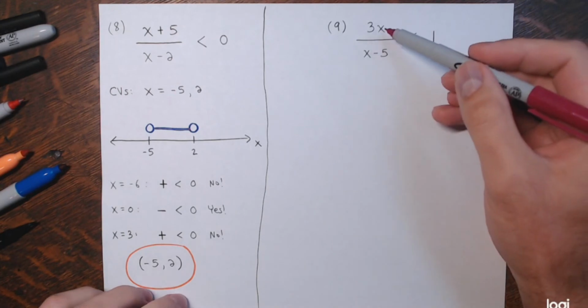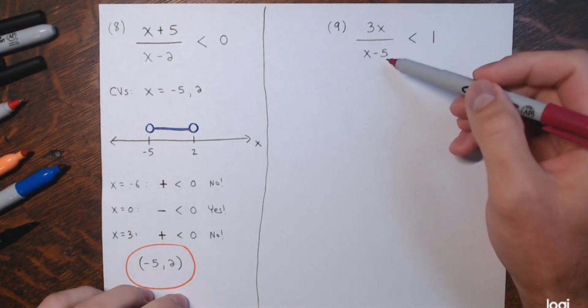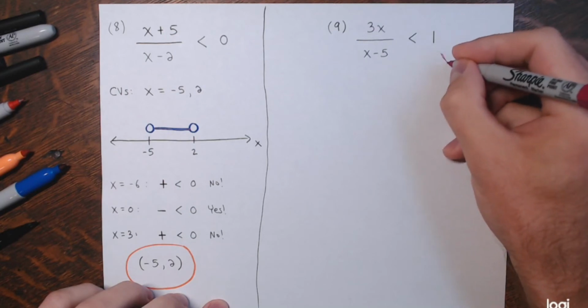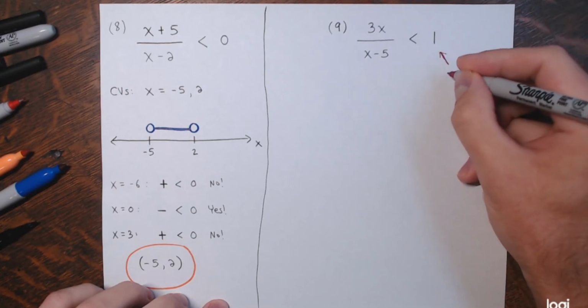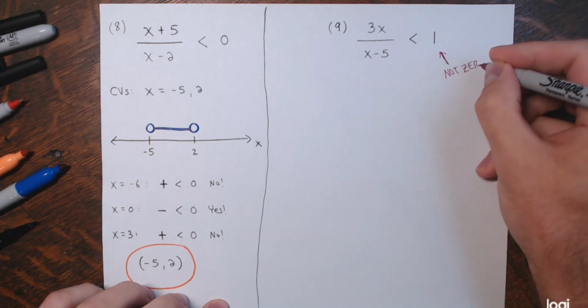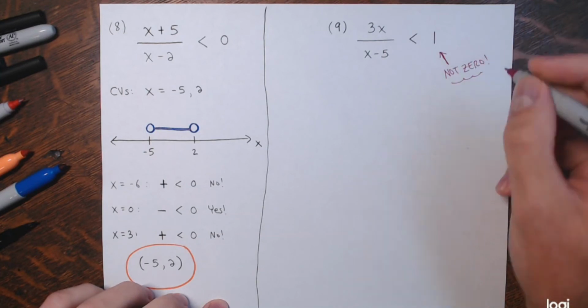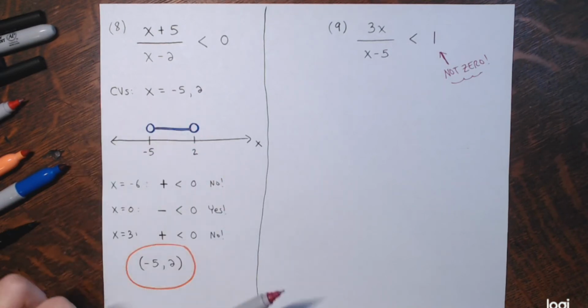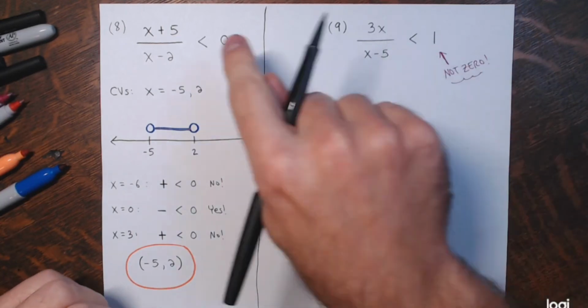We have that single fraction, fine. But over here, this is not 0. So I can't jump into what are the critical values and doing all this stuff that I've done in the previous 8 exercises. I want to get it this way.